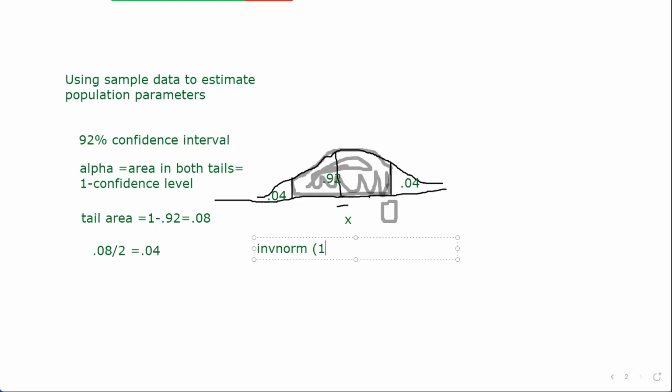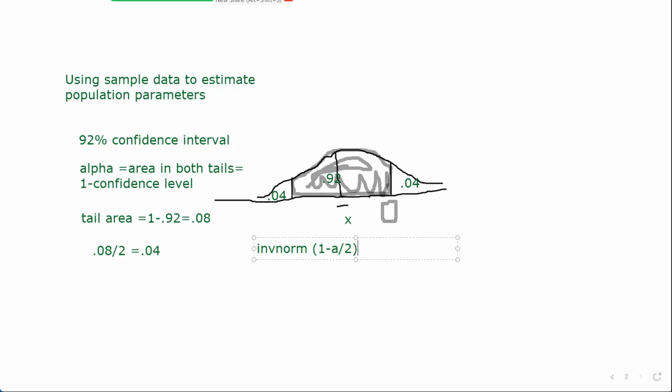Okay, that's going to be my confidence coefficient. Alpha divided by 2 is 0.04. 1 minus 0.04 is 0.96, which is what 0.92 plus 0.04 is. Or you can do it in 2 steps and add. But that's how you do this.